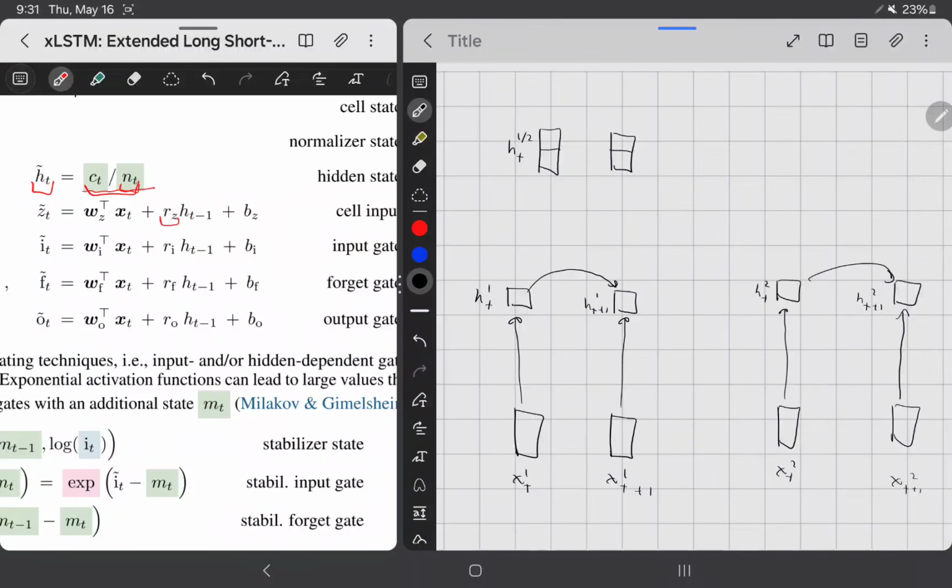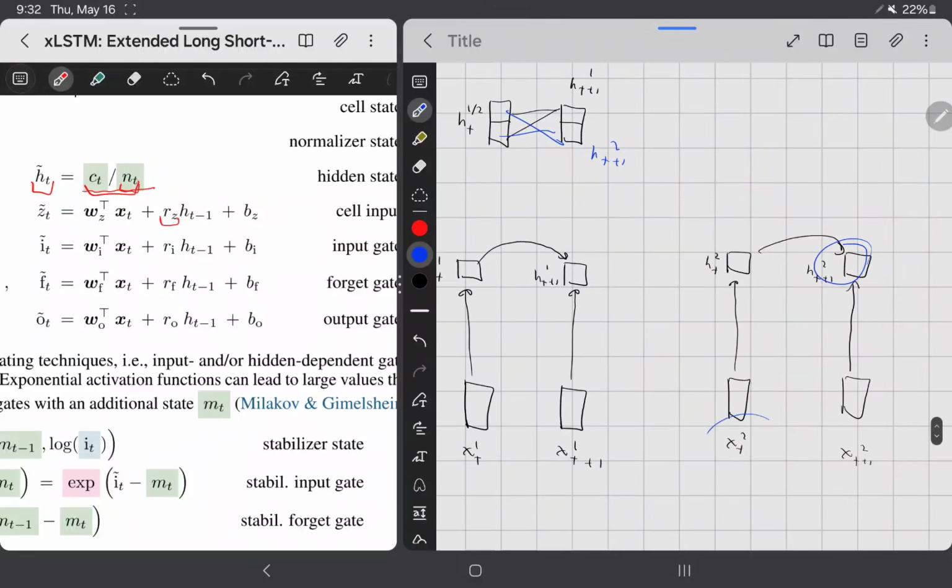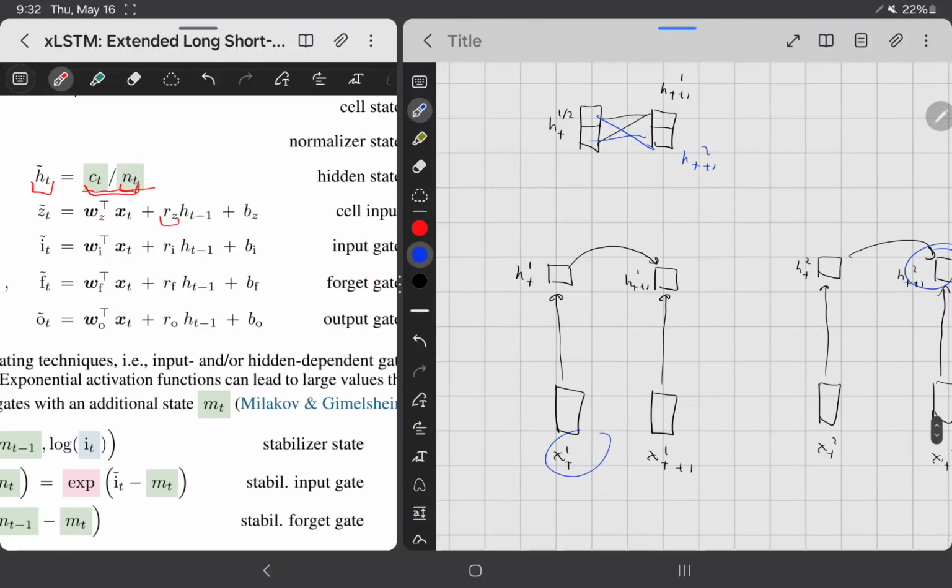So that ht plus 1 will be composed of both hidden states here. And this hidden state here, ht plus 1, 2, will be composed of not just the hidden state for this input, but also for this input over here.